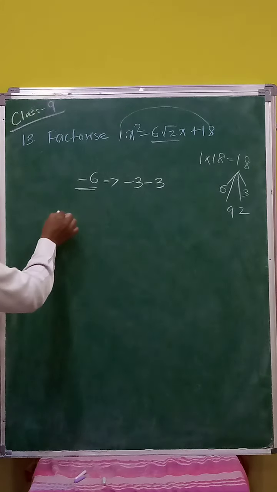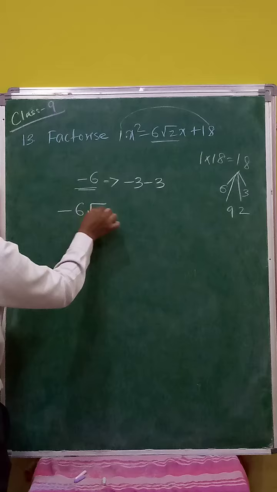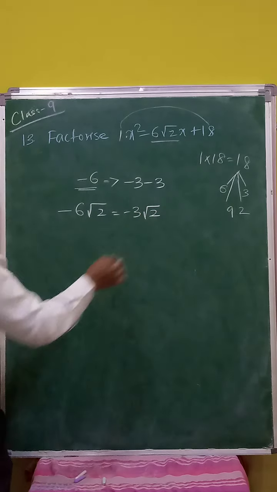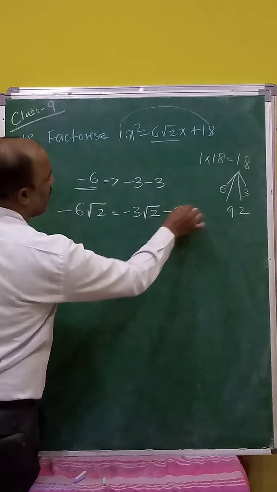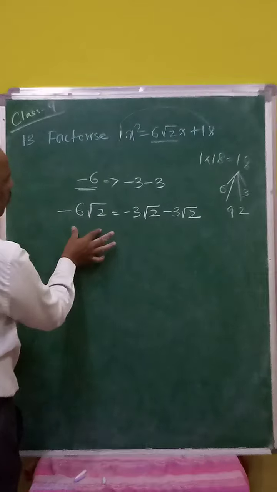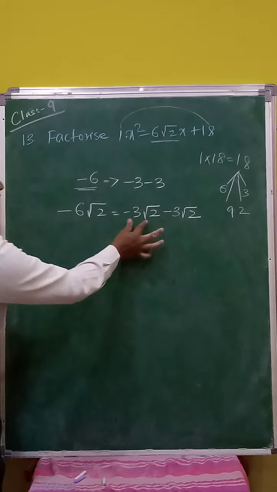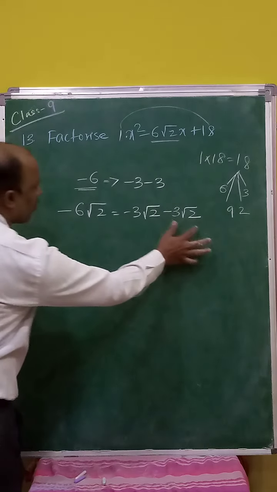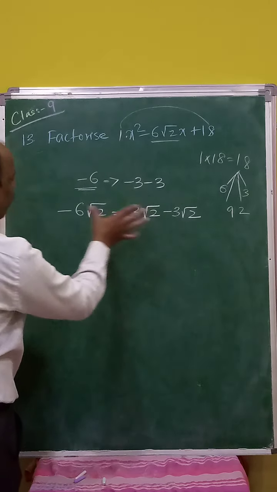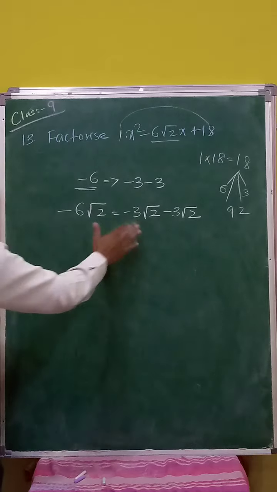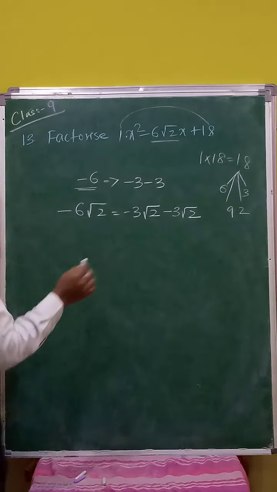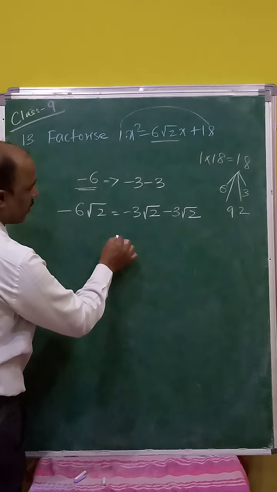I am changing this minus 6 root 2 as minus 3 root 2 and minus 3 root 2. Now I am writing this rational number including the irrational number. Minus 3 root 2 minus 3 root 2 is minus 6 root 2. Now these two multiply; if added, we got it. If you multiply, what do we have to get? 18. Is it correct or not? Just verify it.